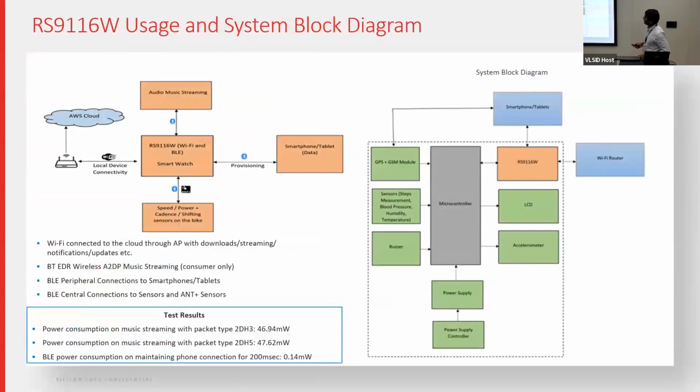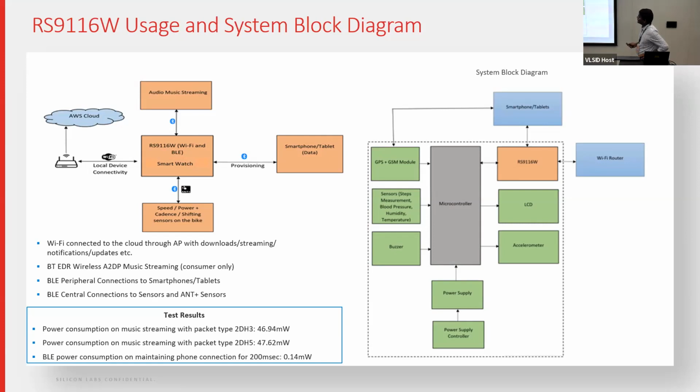So here is the block diagram. We have this RS916 module in the smartwatch. They will use a smartphone or a tablet to provision this particular device to connect to the access point and then to the cloud. It also does audio music streaming and some data using sensors.